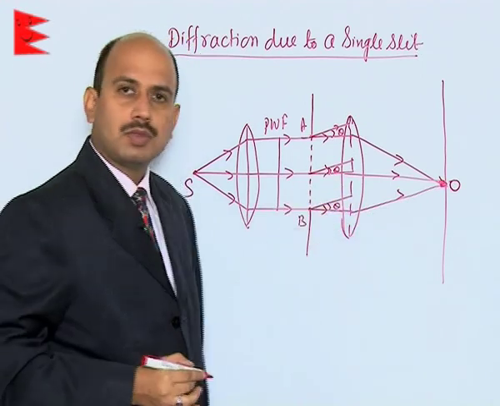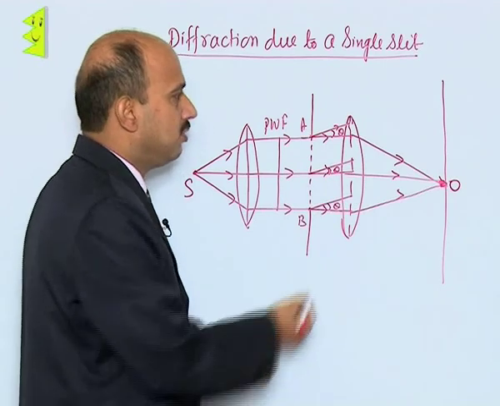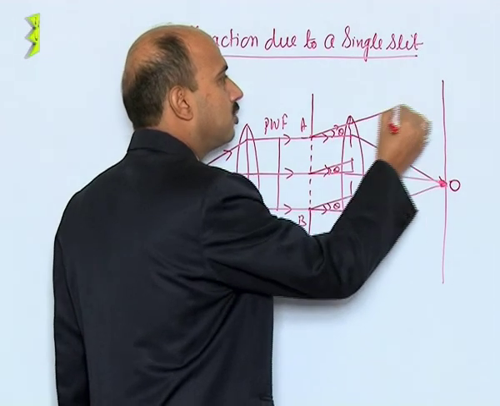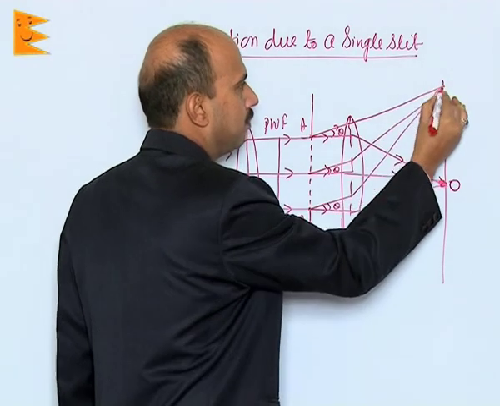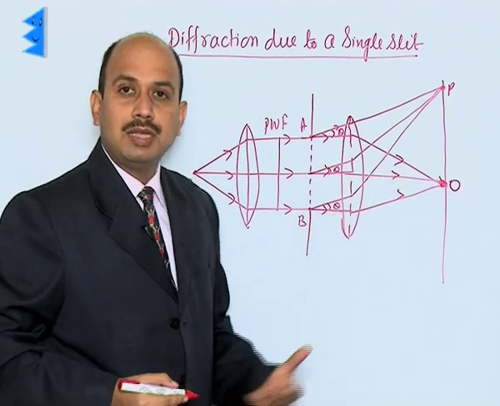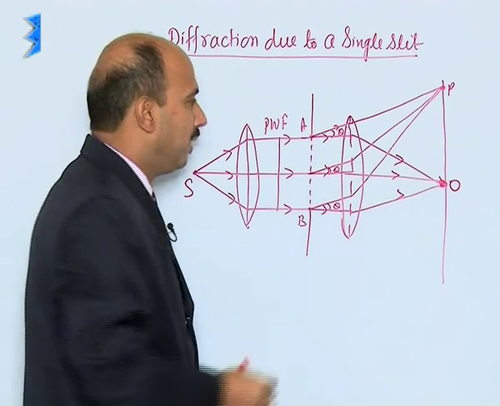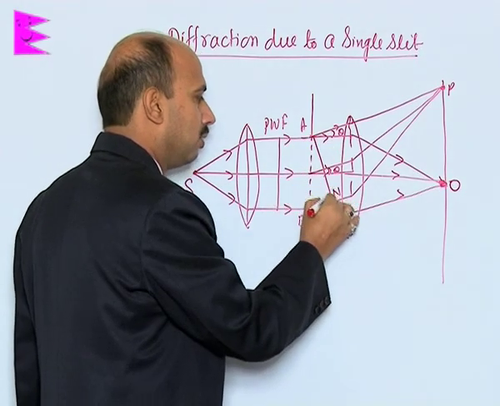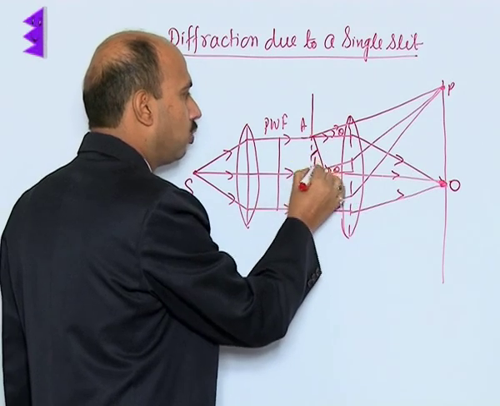After refraction through this lens, which is only used to converge these beams, these rays are suppose going to meet at this point P. We do not know what is happening at point P, whether it is maximum intensity or minimum intensity. So for studying this, we draw a perpendicular from here, that is called AN. When the perpendicular is drawn, this angle is also theta.